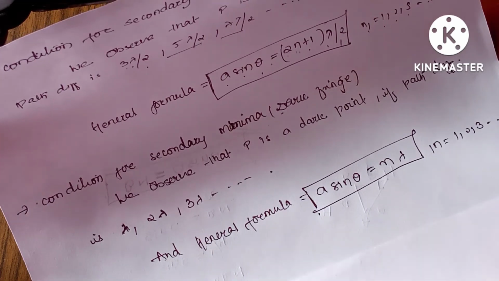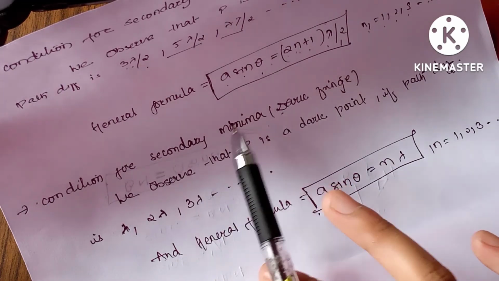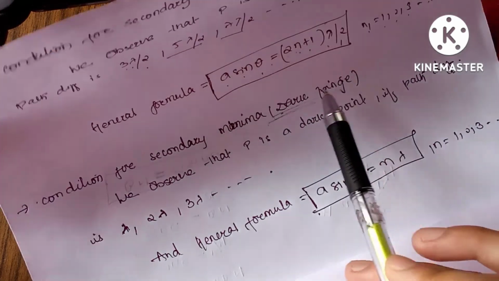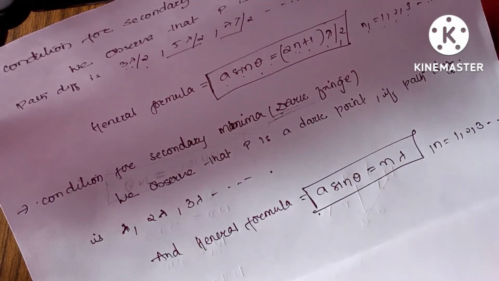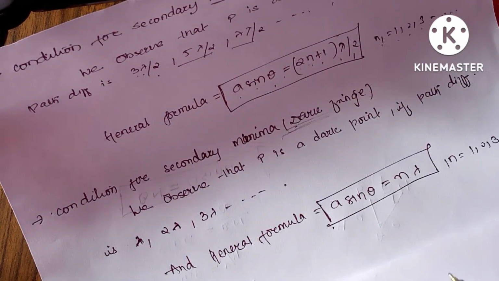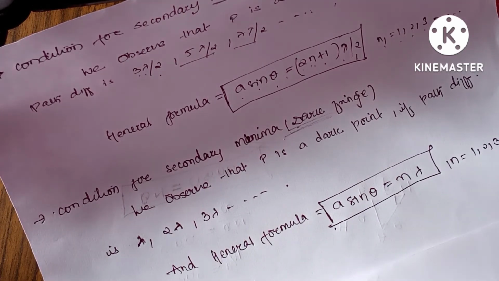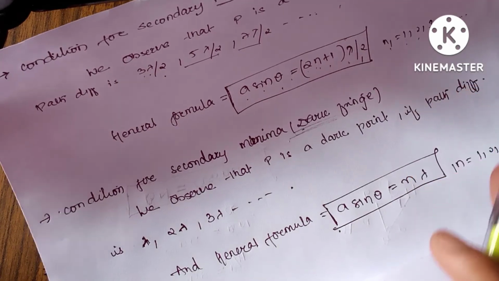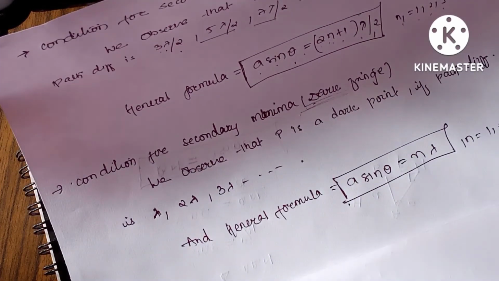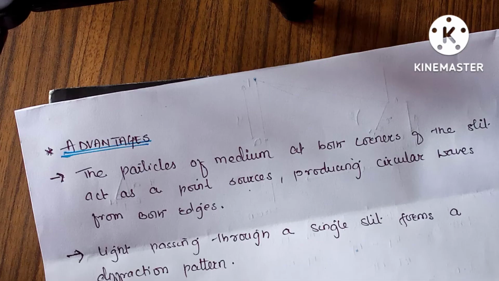This is only for the secondary minima, also known as dark fringe. So now we got the path difference, the general formula for the bright fringe, and also the general formula for the dark fringe.